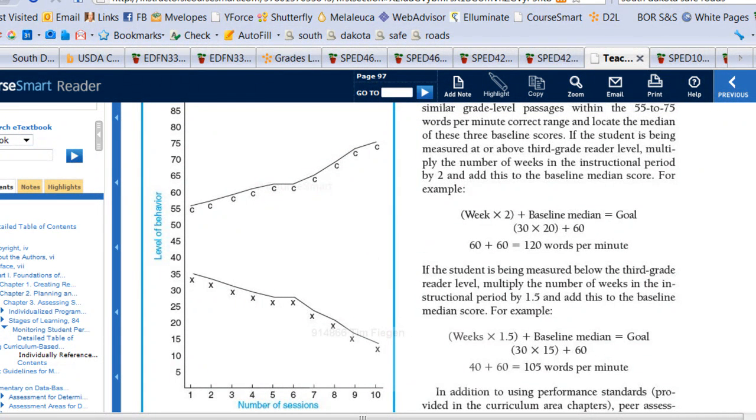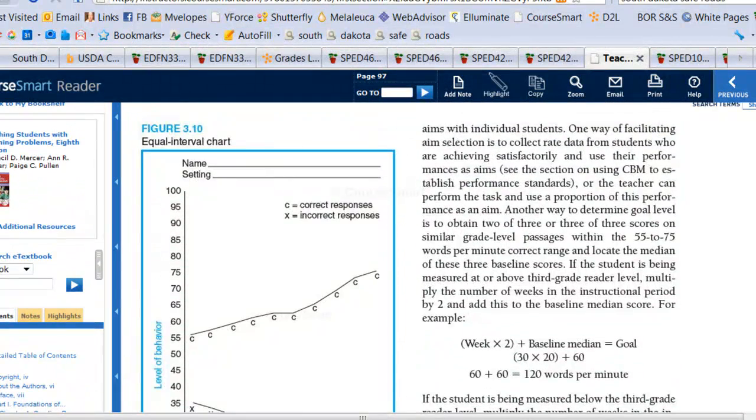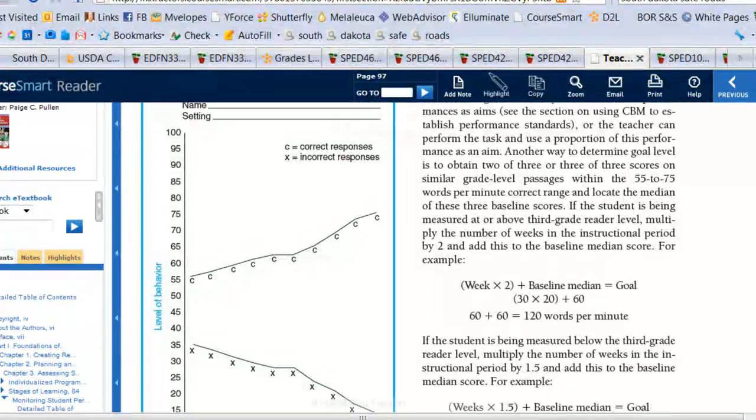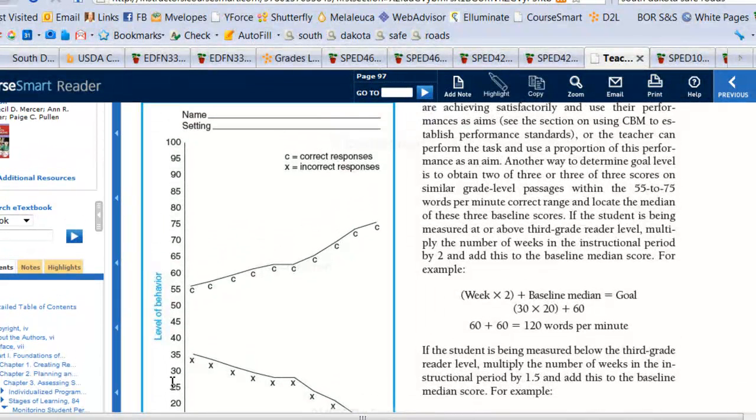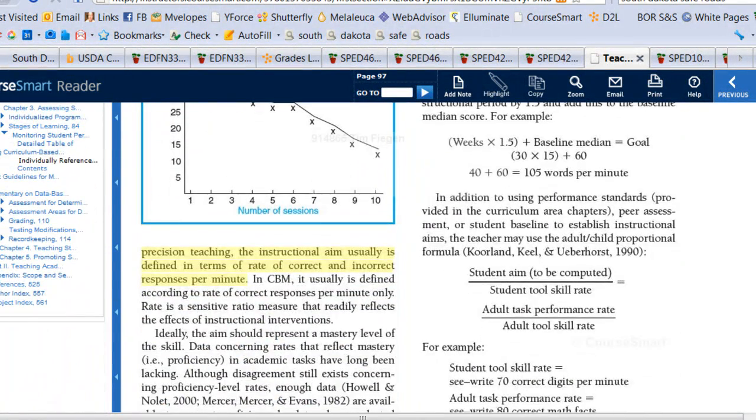Level of behaviors, for example, you want to increase correct responses and decrease incorrect responses. Another thing that I see commonly done is, on the same graph, you would graph reading fluency and errors. And you'd like to see them both because often they are proportionate.